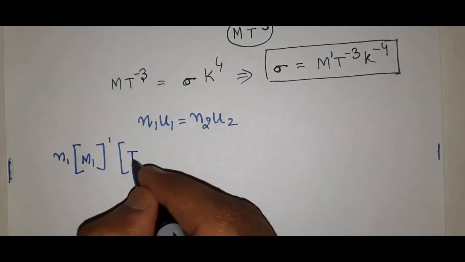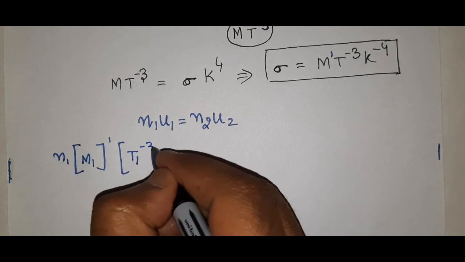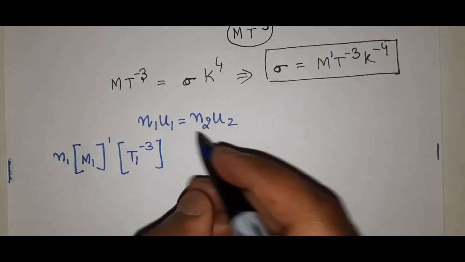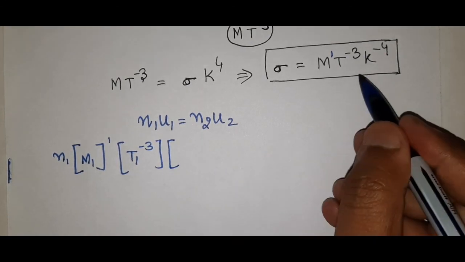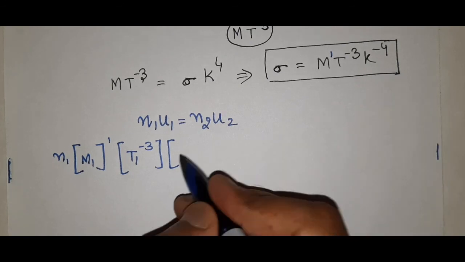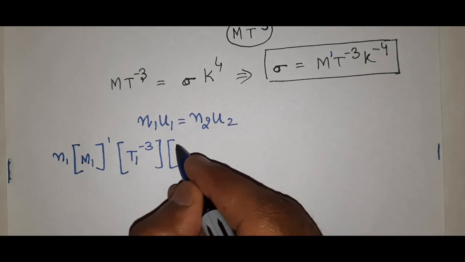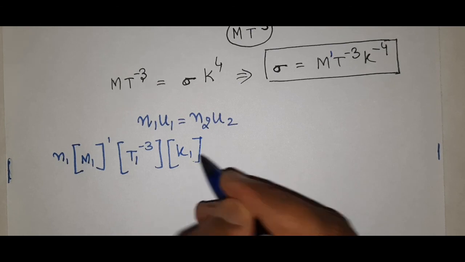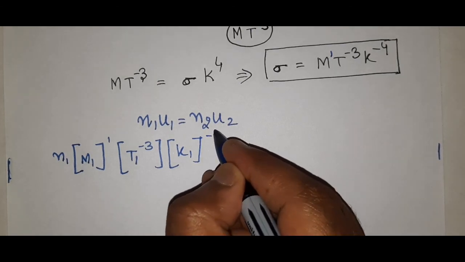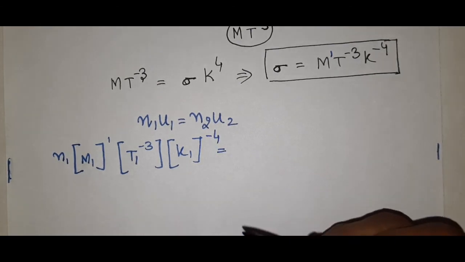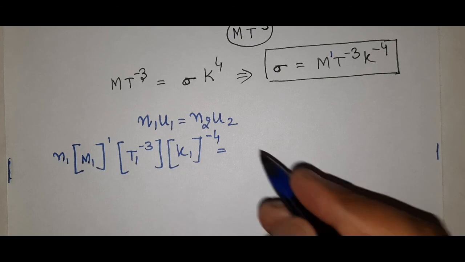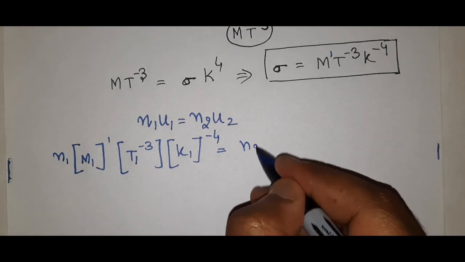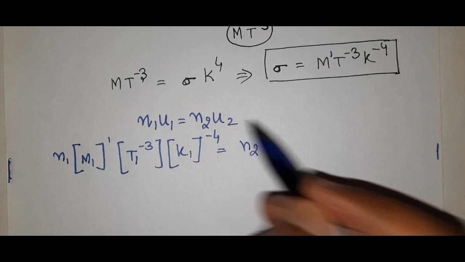Time in the first system raised to minus 3. Temperature, that is Kelvin temperature in the first system, raised to minus 4 is equal to N2 in the second system.